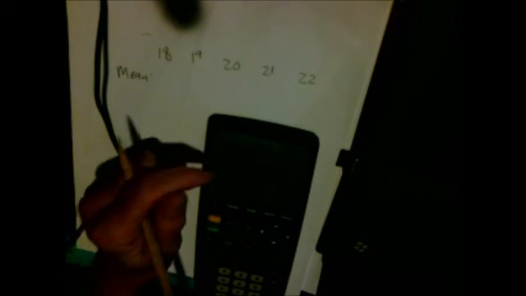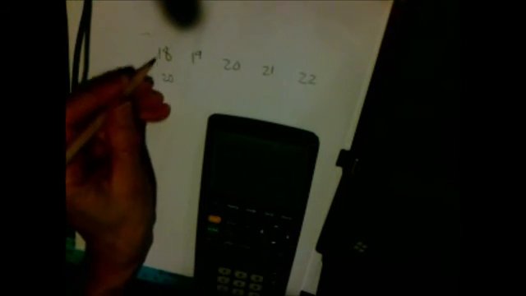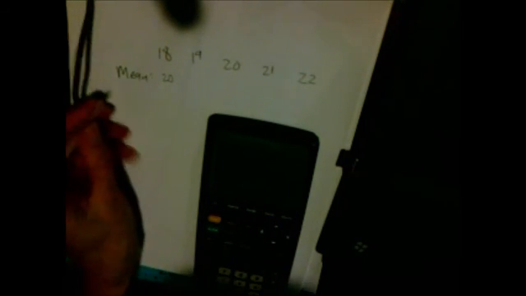So your mean would be 18 plus 19 plus 20 plus 21 plus 22, add them up and divide by 5. If you're going to add and divide by 5 all at once, you need to put parentheses around your sum.